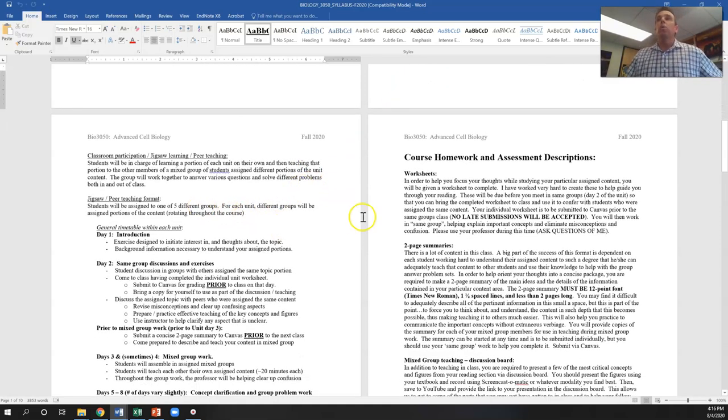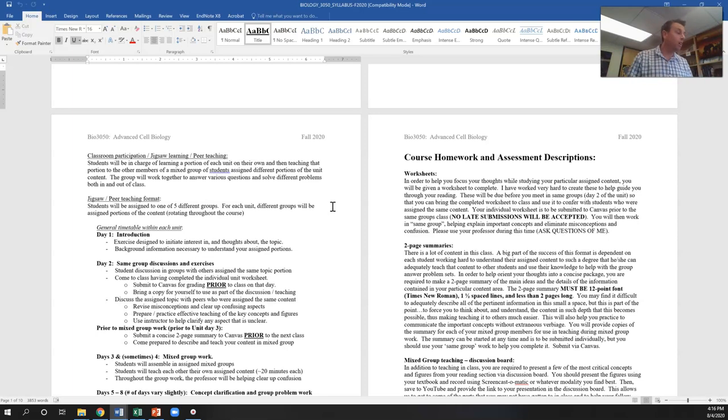Essentially, the way this works is most of the units, so there are 6 units total, and with the exception of 2 units, 4 of them are going to be in this jigsaw format. This is where you are assigned to different groups, and each of those groups is assigned to a portion of that unit.